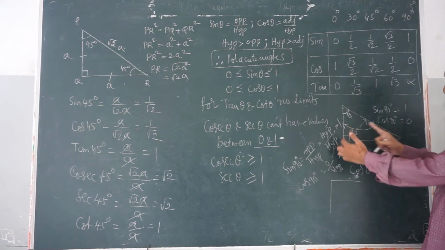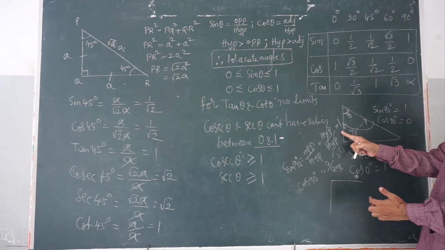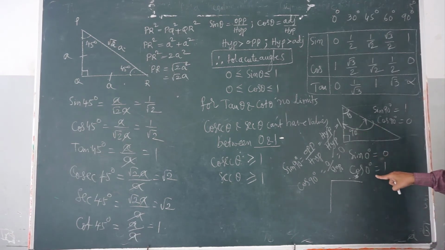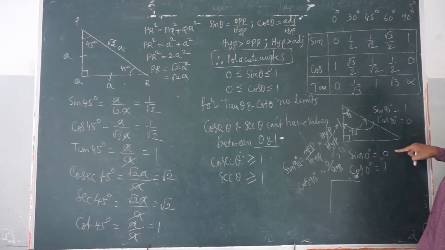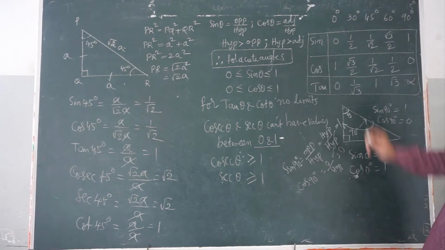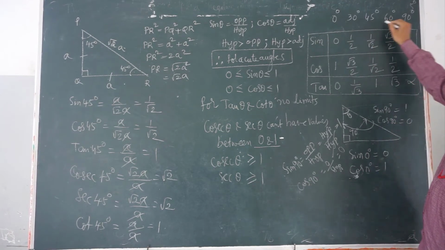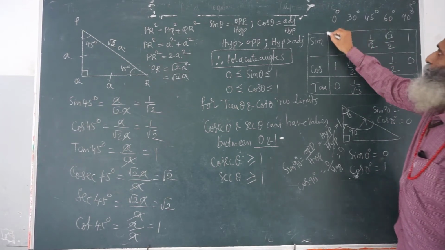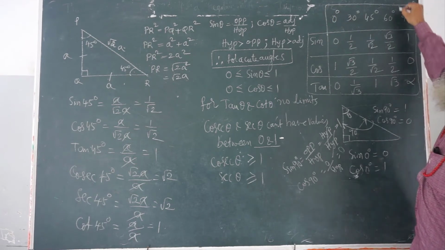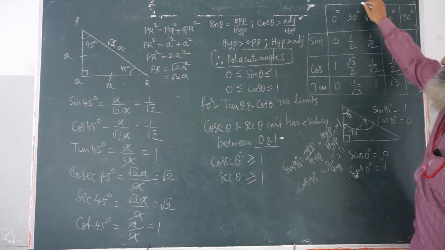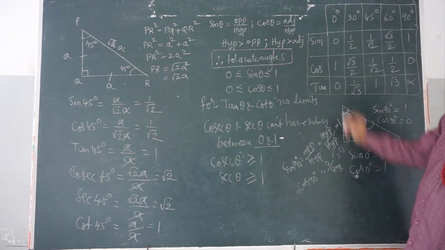Then hypotenuse and adjacent side become equal. Therefore, cos 0 becomes 1, sin 0 becomes 0. So, to sum up, 0 degrees, 30 degrees, 45 degrees, 60 degrees, 90 degrees. These values you have to remember for your examination.